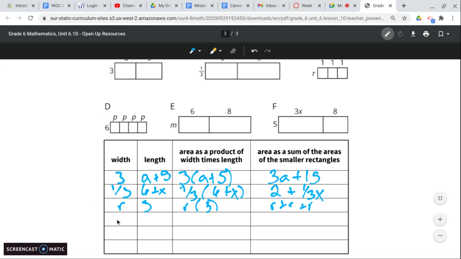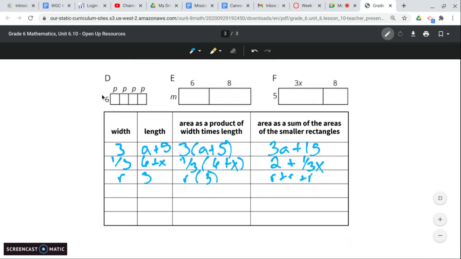All right, for D, our width is 6. Our side is p plus p plus p plus p, or 4p. So we have 6 times 4p, which is the same thing as 24p. And then the sum of the smallers would be 6p plus 6p plus 6p plus 6p.